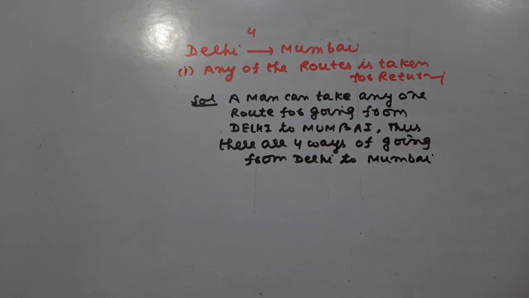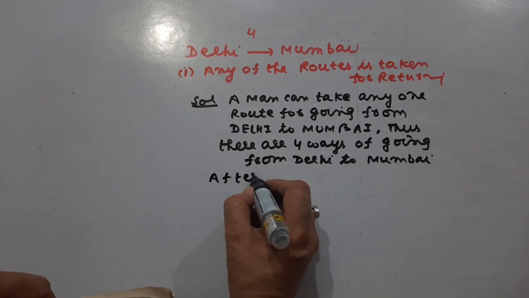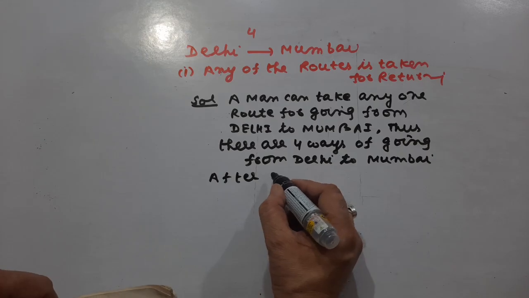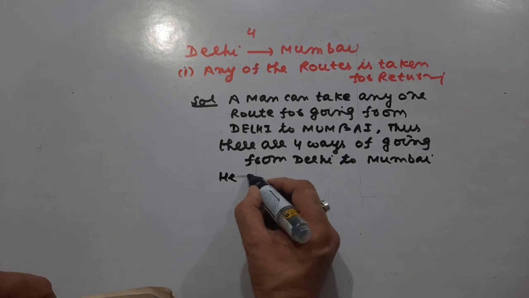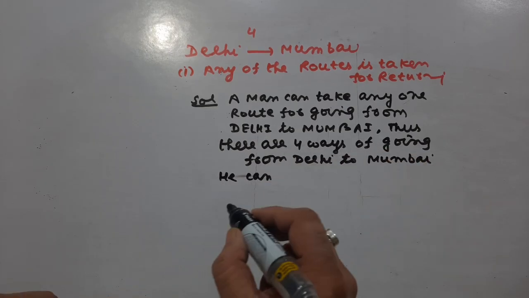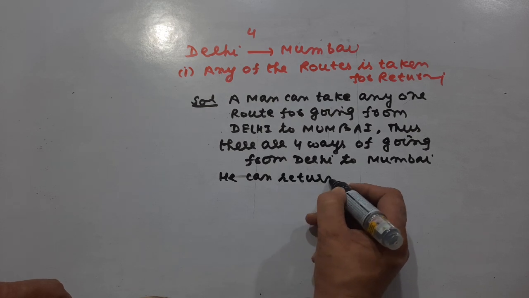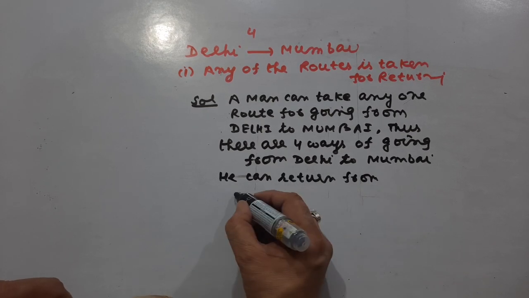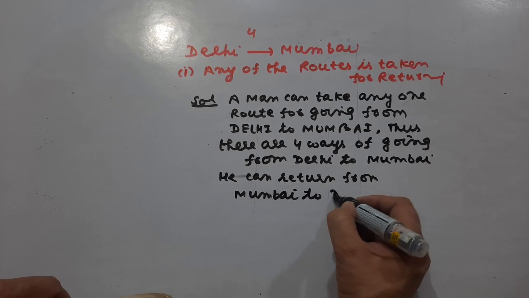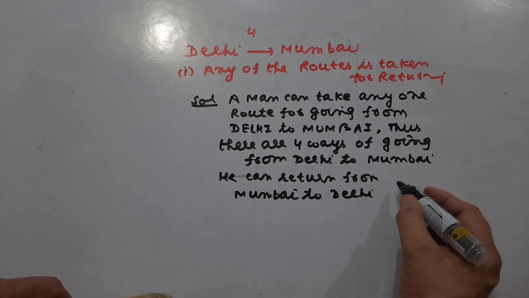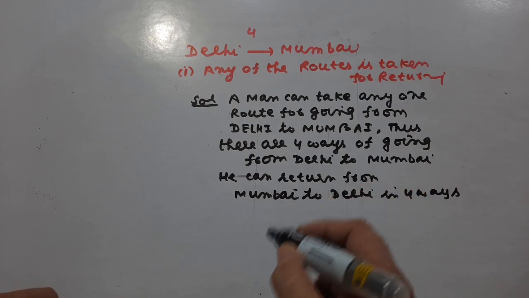अब फर्स्ट केस ये है कि वो किसी भी रूट से वापस आ सकता है. So we can write that he can return. Now the man can return because any of the routes can be taken for returning. So he can return from Mumbai to Delhi in 4 ways, because any of the routes can be taken, because there are 4 routes of going.